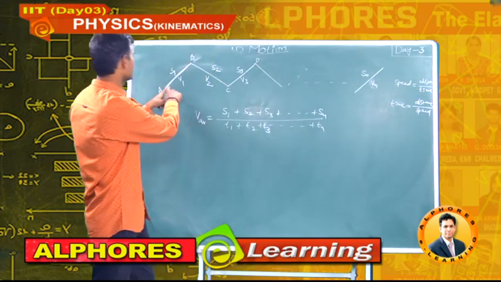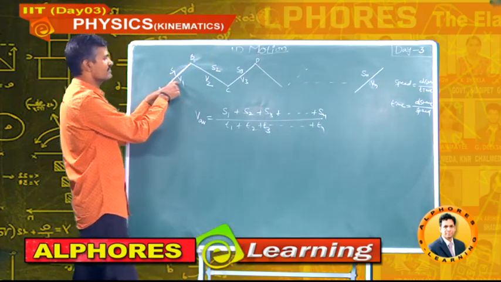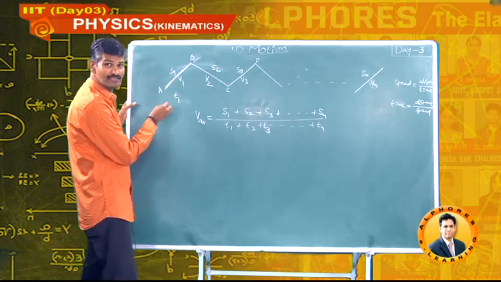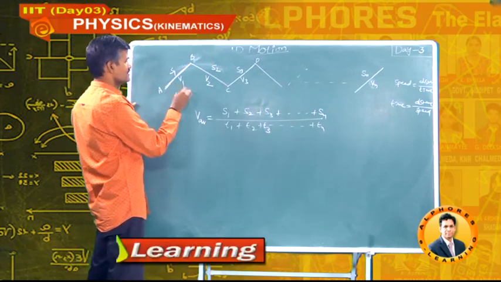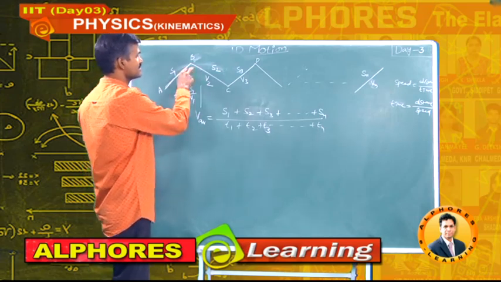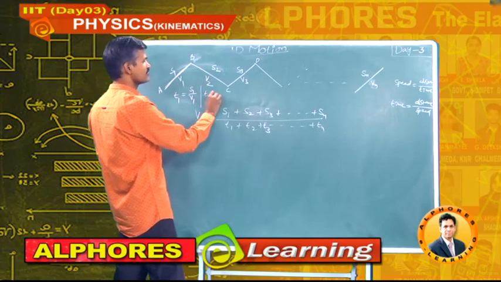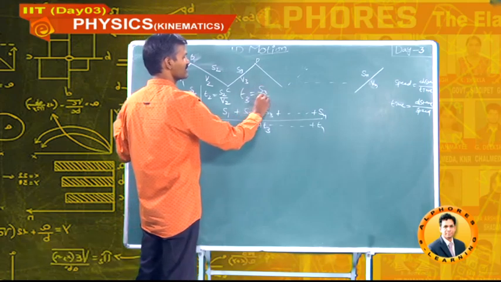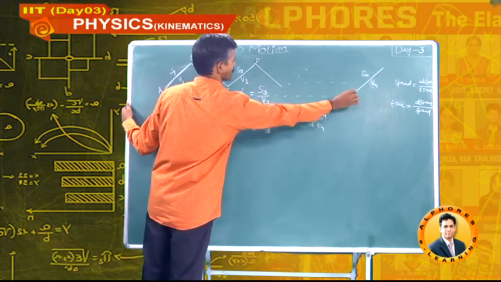Here it travels a distance of S1 with a speed of V1, so time taken T1 is S1 by V1. Similarly, time taken T2 is S2 by V2 and T3 is S3 by V3 and so on.